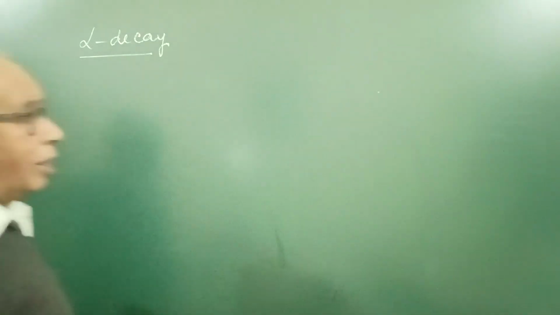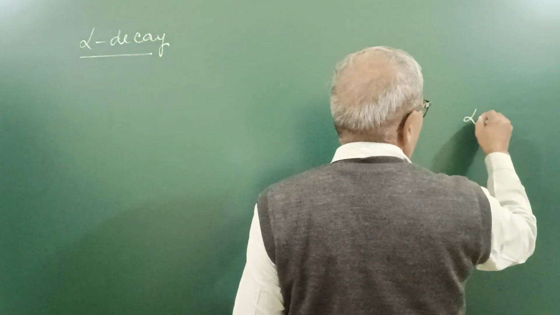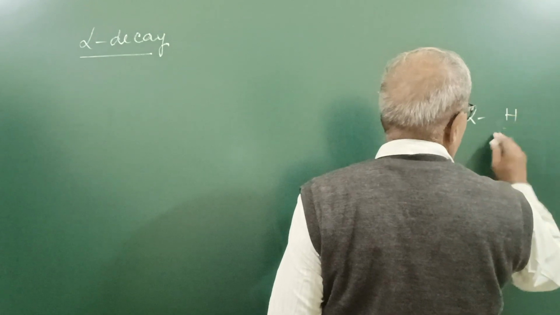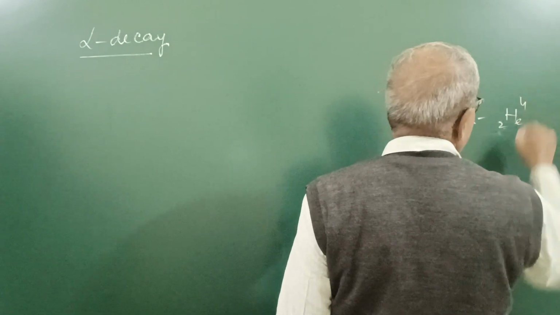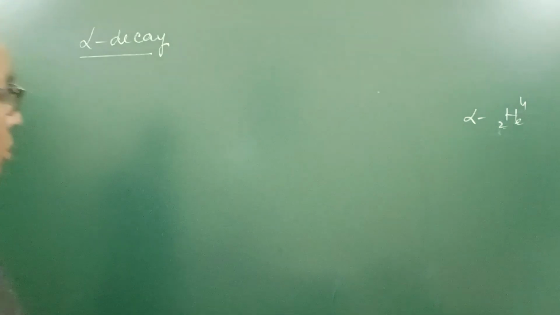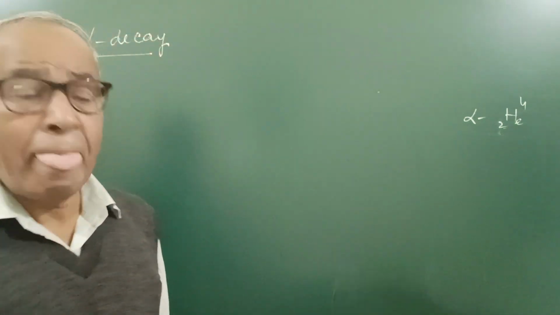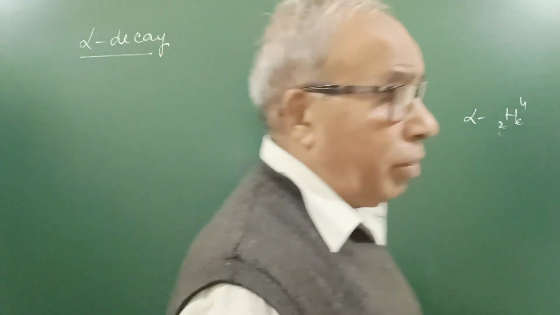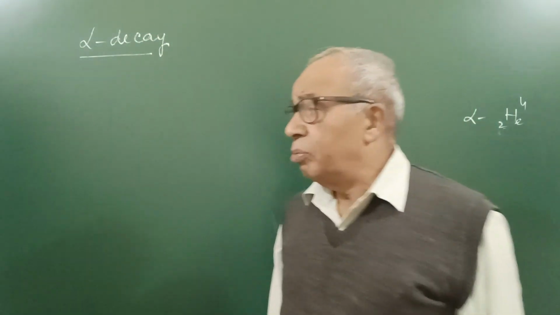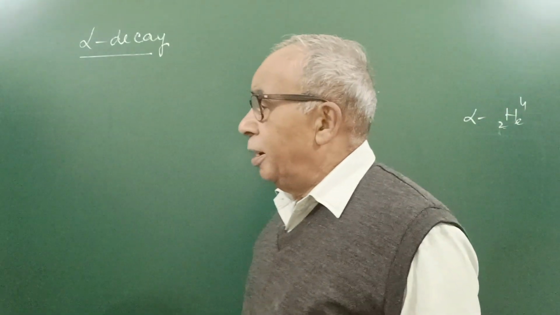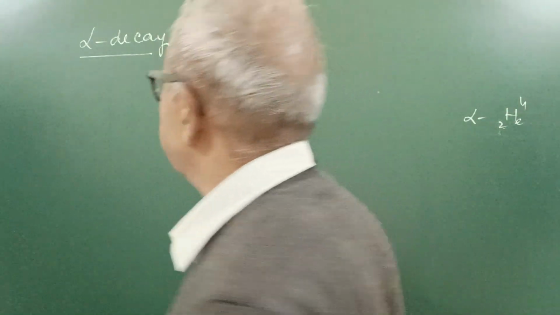I told you that the alpha particle was found to be a helium nucleus, 2He4. So during alpha decay, the mass number of the nucleus decreases by 4 and the atomic number by 2.